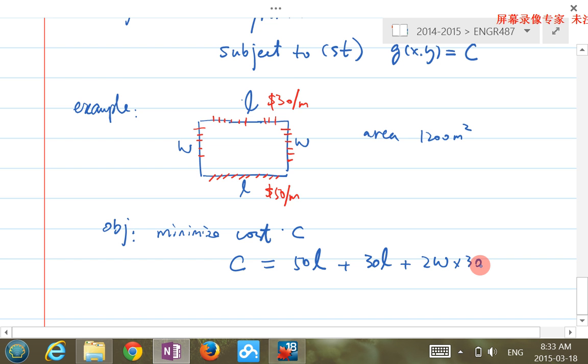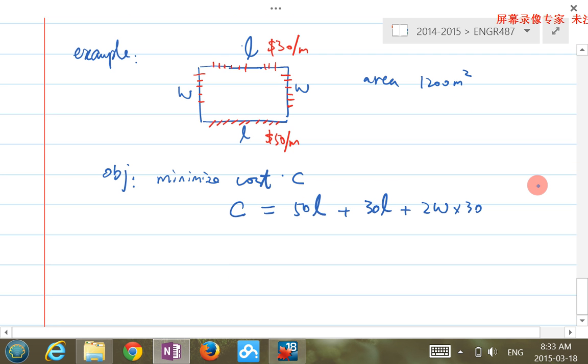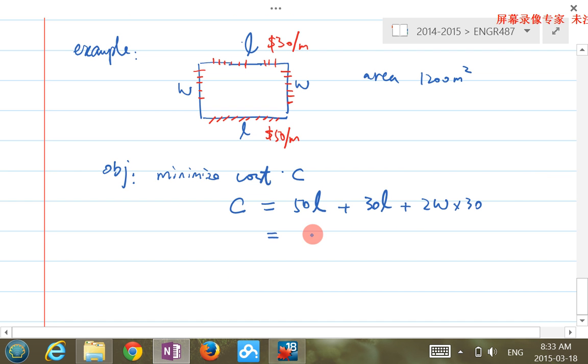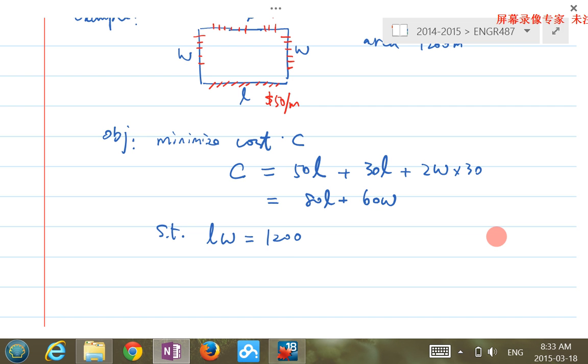That's the total cost. Put together, it's 80L plus 60W, subject to the constraint, which is the area: L times W equals 1200. So this is basically the constrained optimization problem.